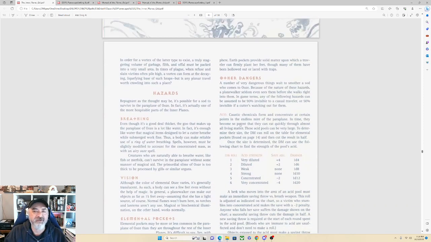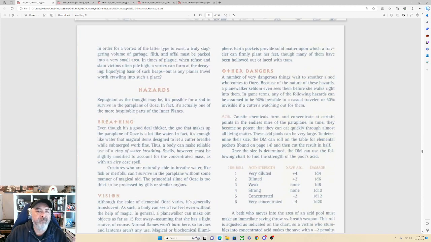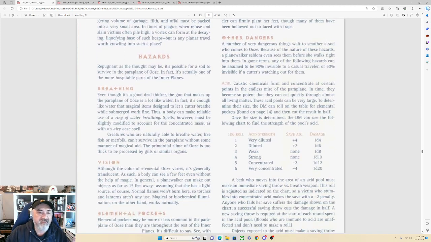So what are our hazards? Remember, this book has a collection of like material for everything else. Repugnant as it may be, it's possible for a sod to survive in the paraplane of ooze. It's actually one of the more hospitable parts of the inner planes. It's a good deal thicker. The goo that makes up the paraplane is a lot like water.